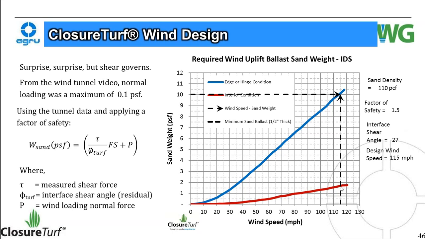And out in the field, we need about 1.5 pounds, which actually is well below our nominal ballast thickness of 1/2 of an inch thick. So for field conditions, you get the sand applied per specification. You don't really need to worry about movement of the system under a wind.